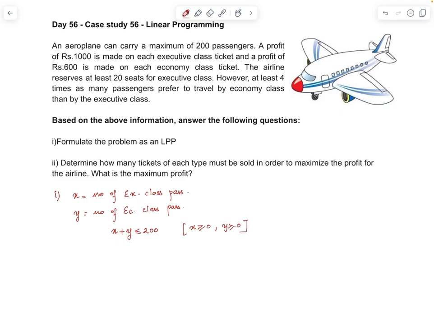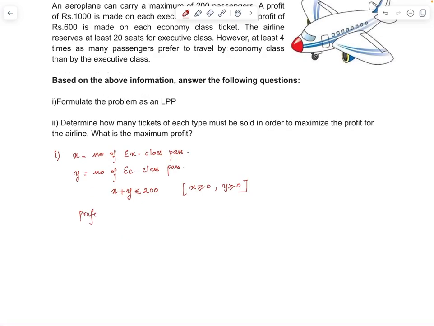Next statement, a profit of rupees 1000 is made on each executive class ticket and a profit of rupees 600 is made on each economy class ticket. Profit of an executive class ticket is rupees 1000. Profit of an economy class ticket is rupees 600.